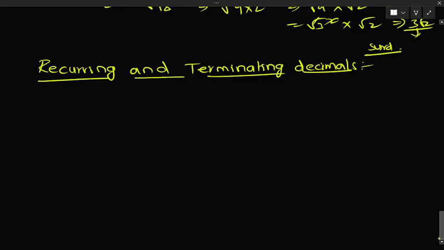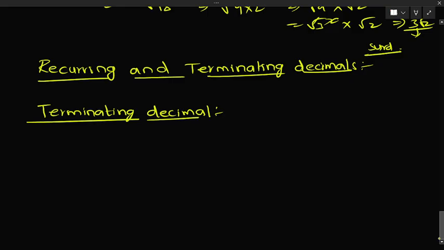Firstly, I will consider terminating decimal. Terminating decimal means in the decimal we can count how many digits are there. So it is simply a decimal that has an end.